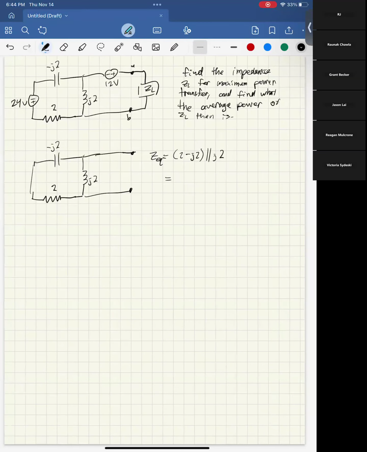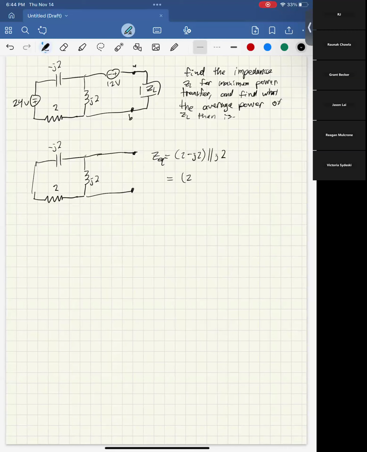And that would be 2 minus J2 times J2 over 2 minus J2 plus J2.